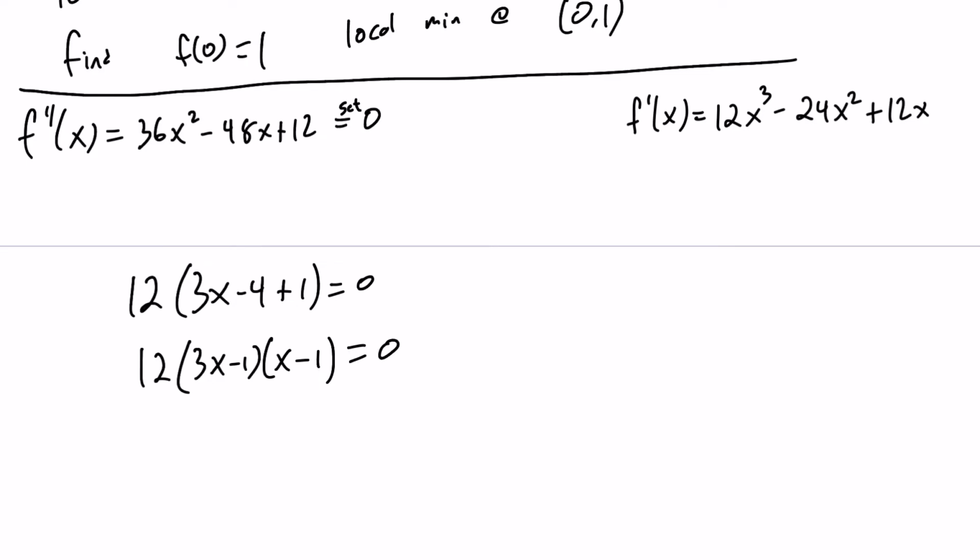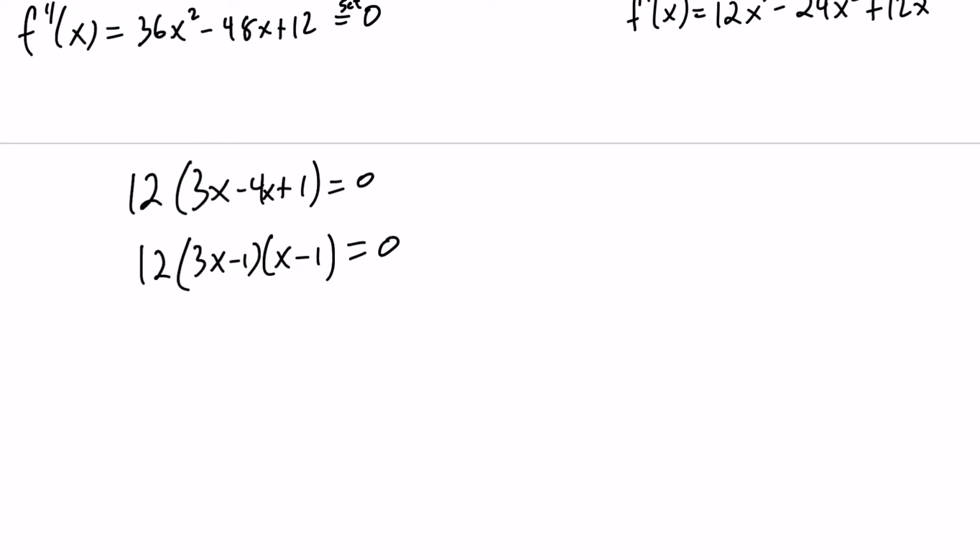Let me just verify that that works out. If we multiply this together, we're going to get 3x squared minus 3x minus x plus 1. These combine to be minus 4x, which is exactly what we wanted, because this should be a 4x there. Okay, perfect. So this does indeed factor out. So this means we have possible points of inflection at x equals 1 and x equals 1/3.